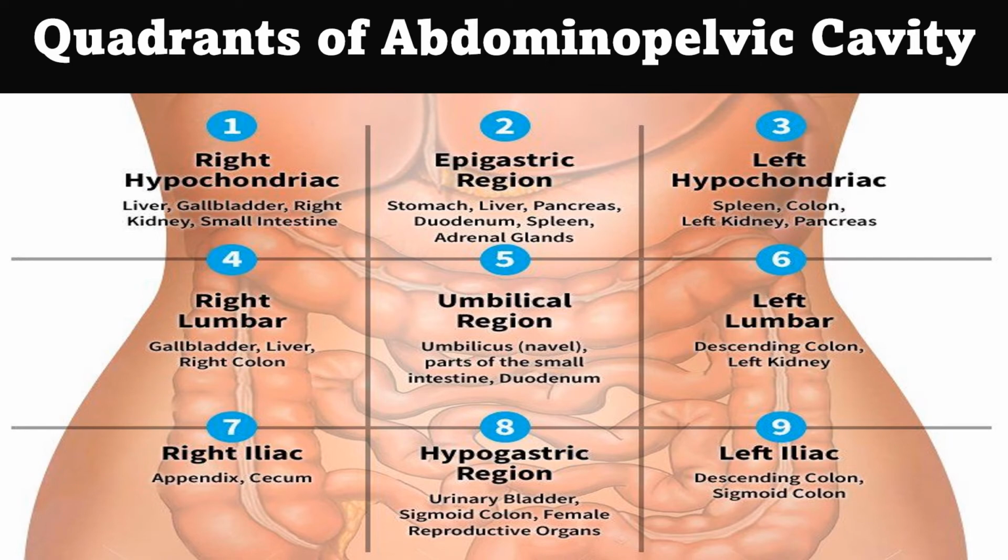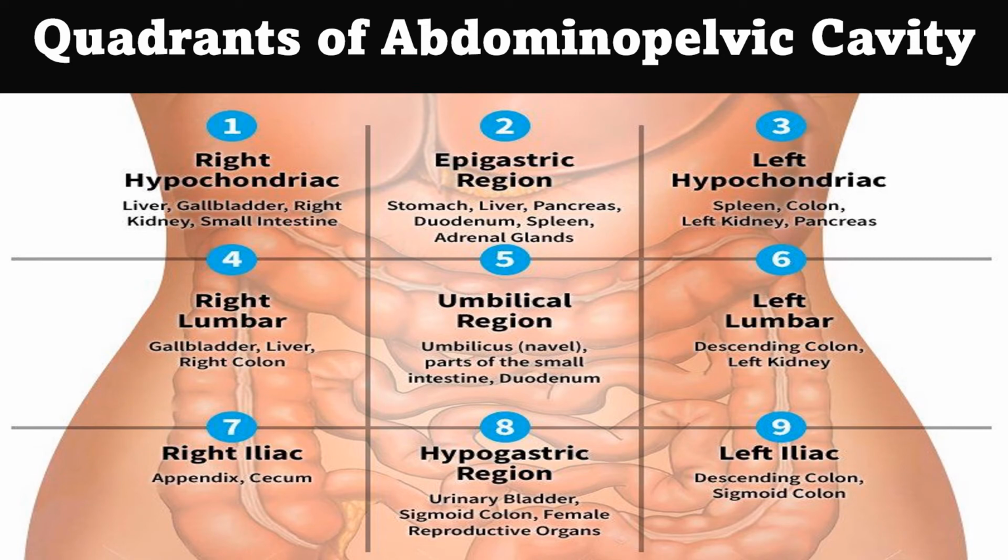The right lumbar region will have the gallbladder, liver, and right colon, while the left lumbar region will have the descending colon and your left kidney. The umbilical region contains, of course, the umbilicus, part of the small intestine, and the duodenum. Then you have the seventh region, the right iliac region, which will include your appendix and cecum.